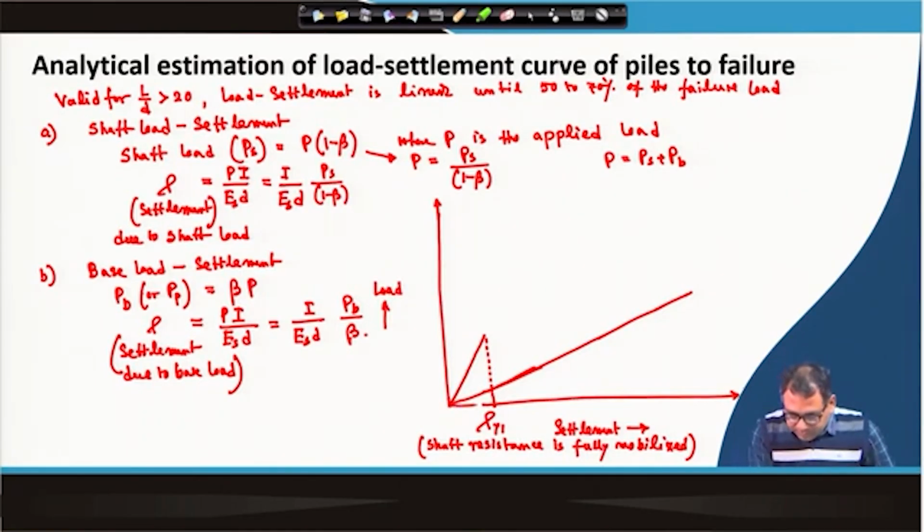So, that means, at this point, when the shaft resistance is fully mobilized, the overall curve will be the total shaft resistance plus the tip resistance. So, this portion will be equal to the tip resistance part. Once the shaft resistance is fully mobilized, if we increase the settlement, there will be no change in the shaft resistance part.